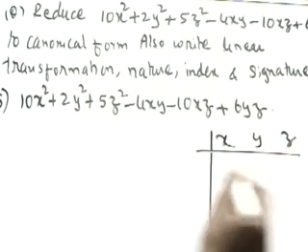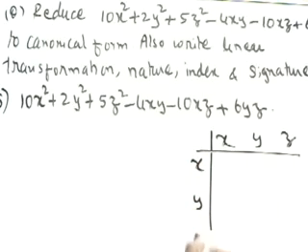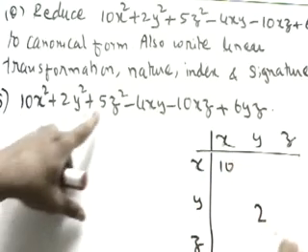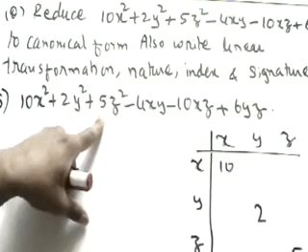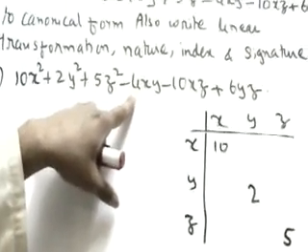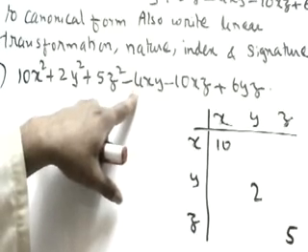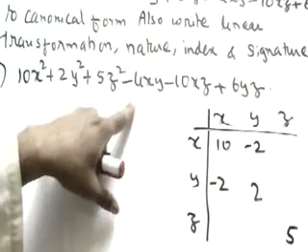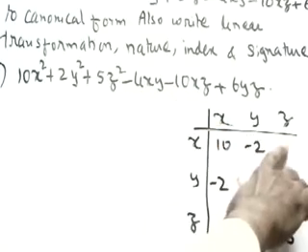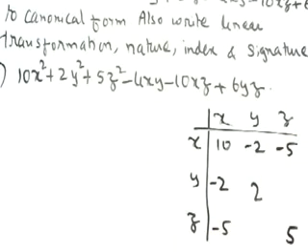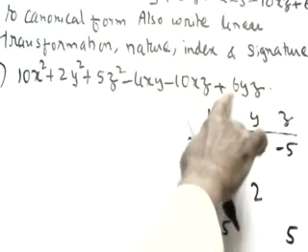Here we have variables x, y, z. The x square coefficient is 10, so here it is 10. The y square coefficient is 2. The z square coefficient is 5. Now the xy coefficient is minus 4. We have to reduce it to half: minus 4 half is minus 2, here minus 2 and here minus 2. The xz coefficient is minus 10, reduce to half, minus 5, here also minus 5.